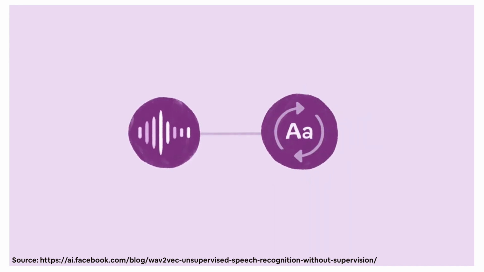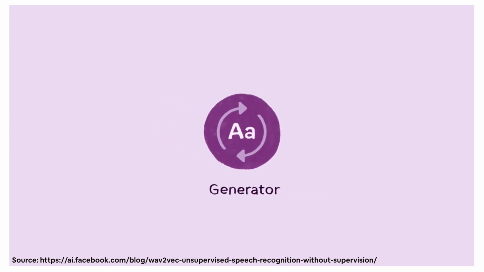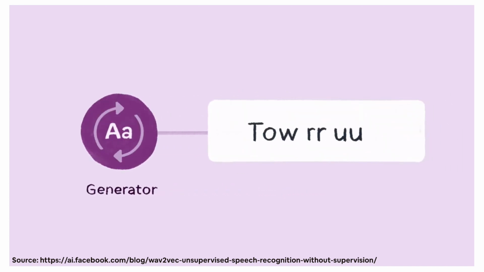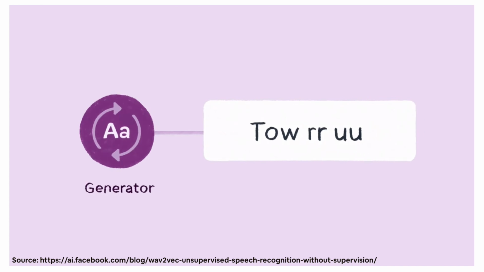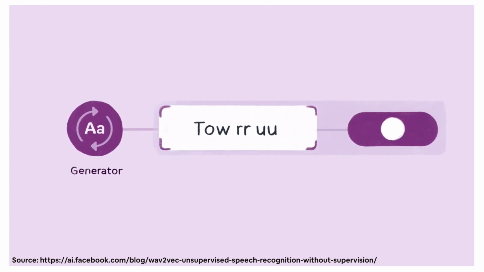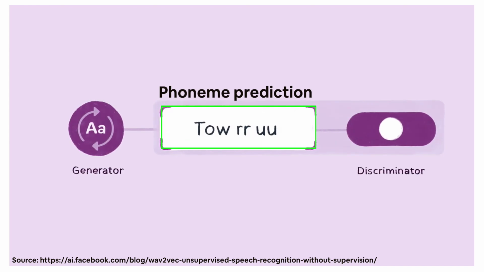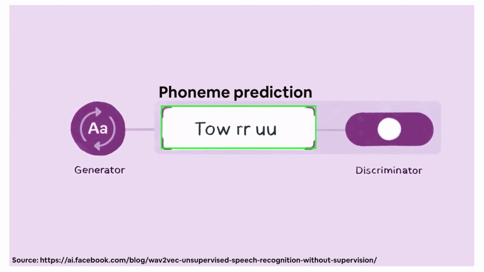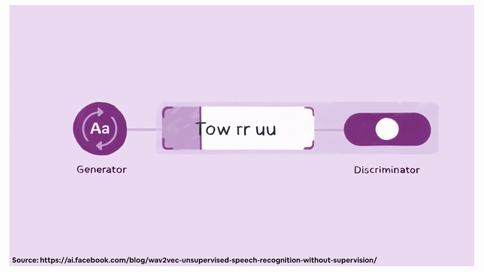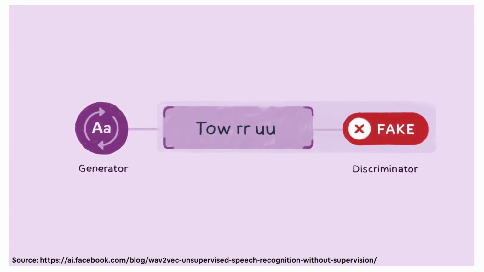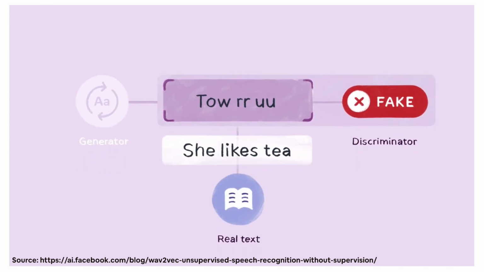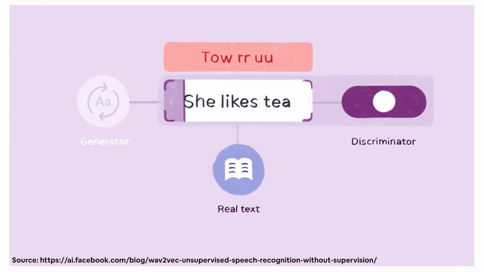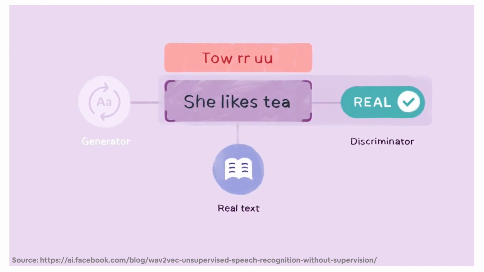It's the first time I've seen GAN networks used in something that isn't generative machine learning, like generating faces of people and whatnot. The generator portion of the GAN network predicts a phoneme corresponding to a sound in language. Then, the discriminator portion of the GAN network assesses whether the predicted sequence of phonemes looks real or not.